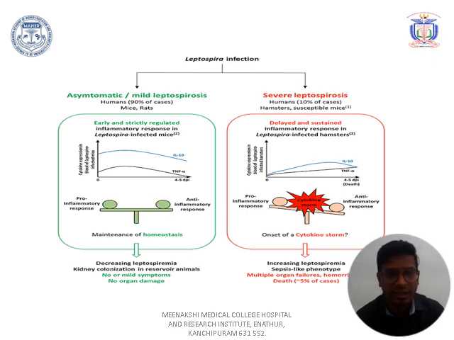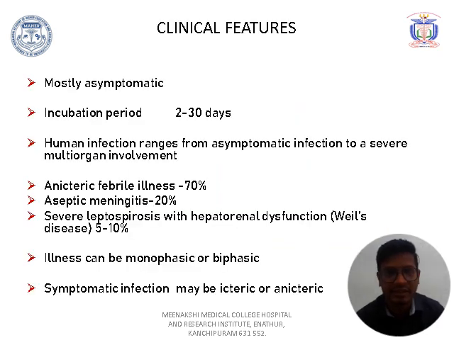If the pro-inflammatory response is greater compared to the anti-inflammatory response, then there will be a cytokine storm, increasing leptospiremia, sepsis-like phenotype, multi-organ failure, hemorrhage, and death in 5% of cases. So severe leptospirosis occurs in 10% of cases.